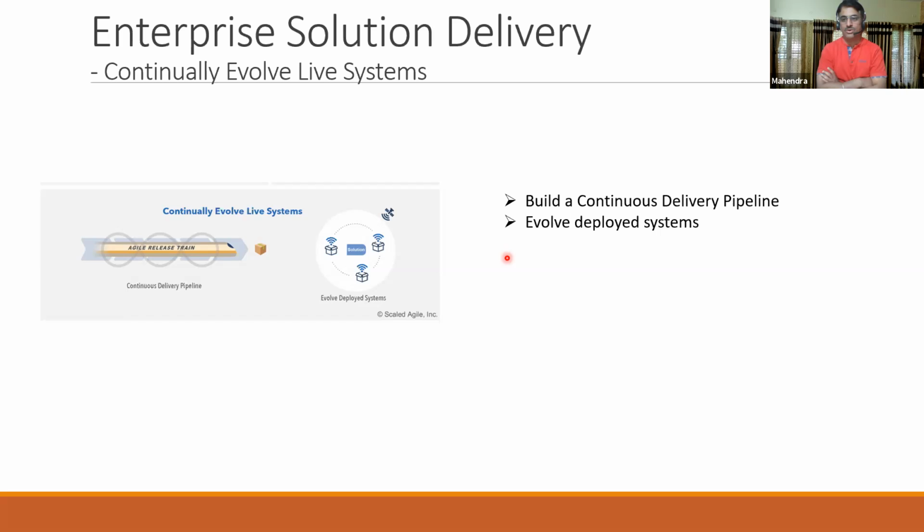So to answer your question, WIP applies everywhere. If you see the big picture of the Scaled Agile Framework, you have a portfolio Kanban, a Kanban at the program level and at the team level also. So WIP applies across the board.